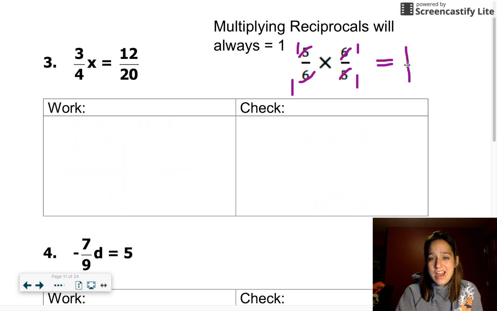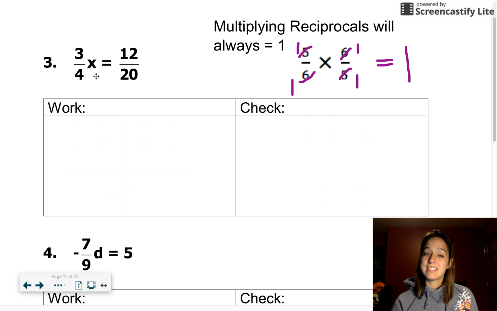They cancel each other out. So although we see a multiplication problem here, when it's multiplying by a fraction as a fraction coefficient, we actually don't divide. We're actually instead going to multiply each side by its reciprocal.